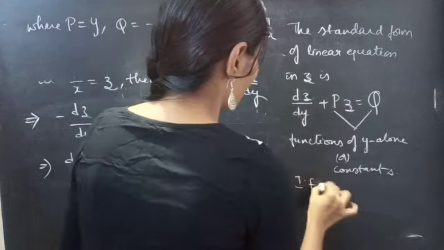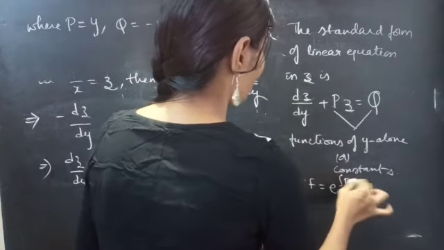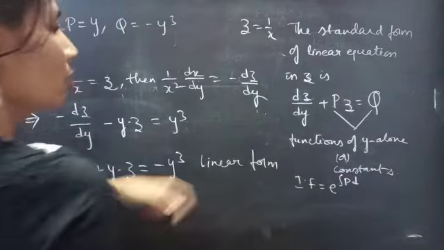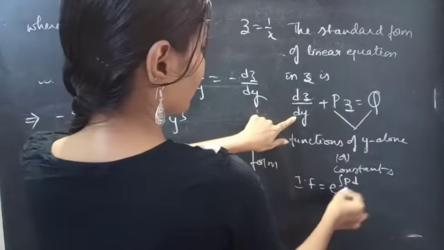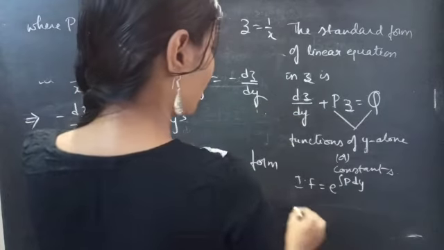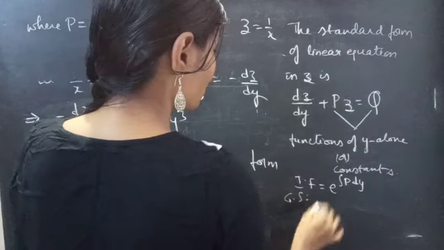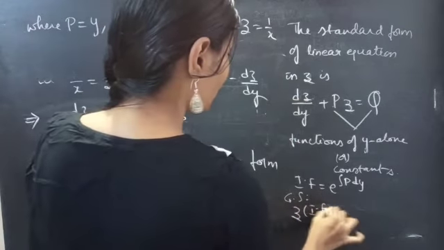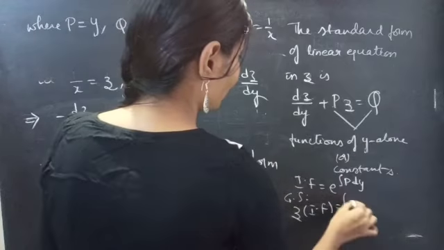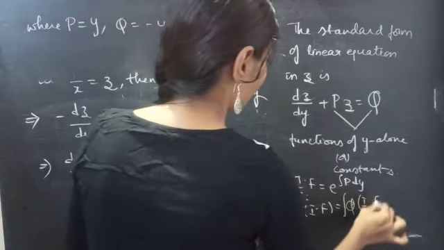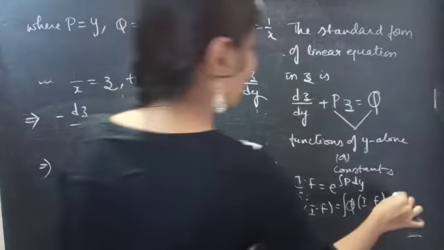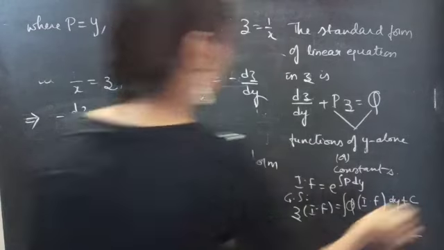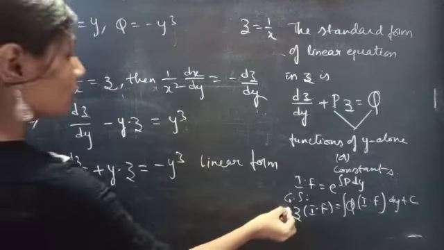So we know that the integrating factor of linear equation in z and y is given by e power integral P dy, and general solution is given by z into integrating factor equals to integral Q into integrating factor into dy plus C. So now we'll use this formula.